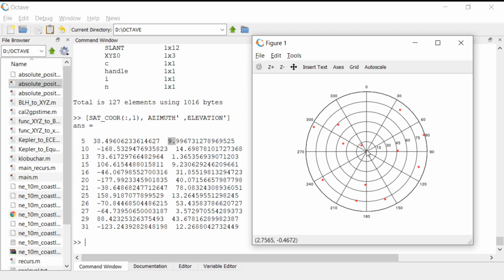So you see it is the closest distance, 12 degrees. So 12 satellites are distributed across the sky in this way. Now let's proceed. We will come to this figure later.